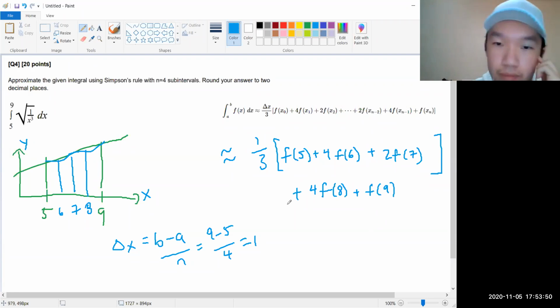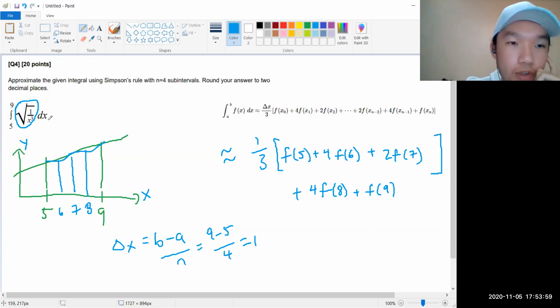Okay. So the question is, how do we evaluate these things? What is f of 5 and f of 6 and all that stuff? That is actually just a function that's given to you here. So you can treat f of x as this function, square root of 1 over x cubed.